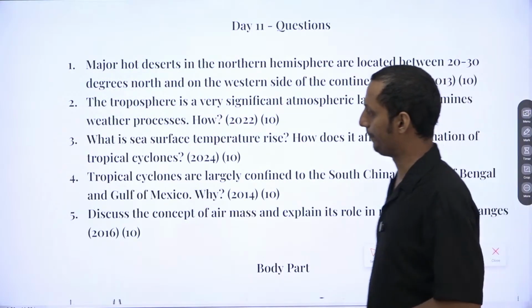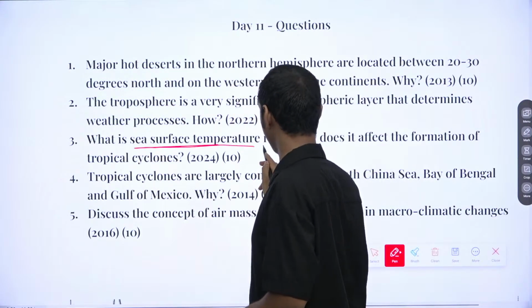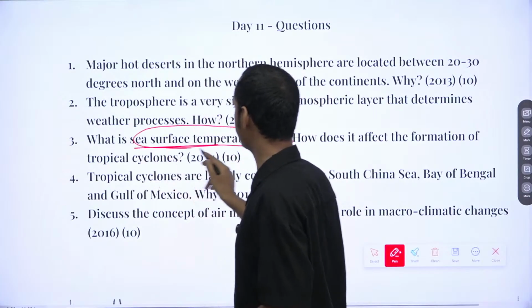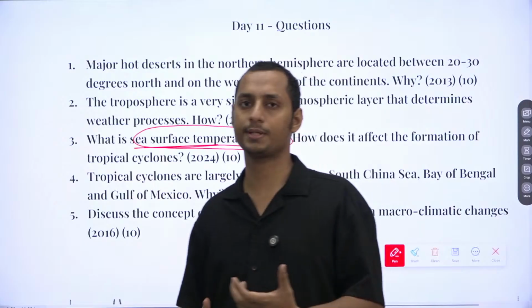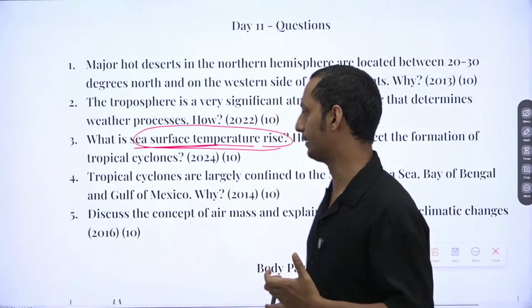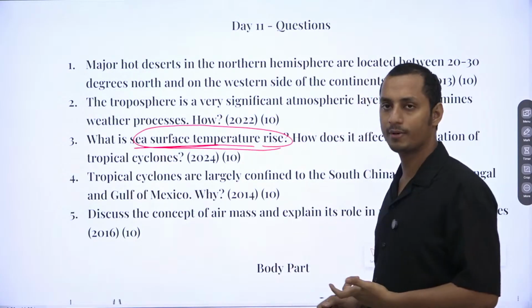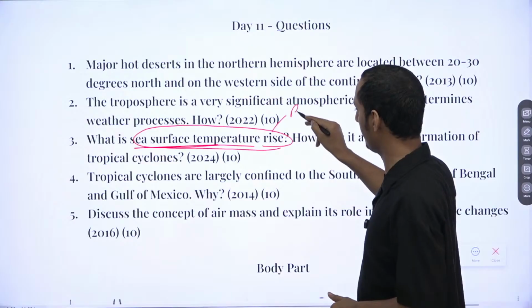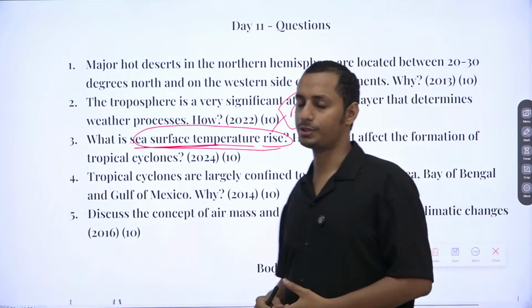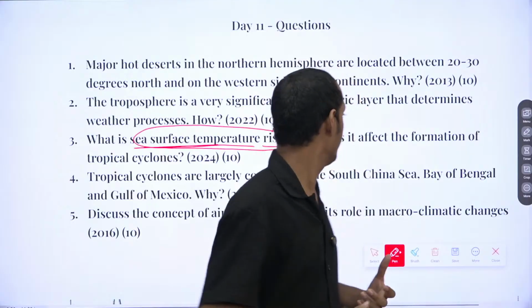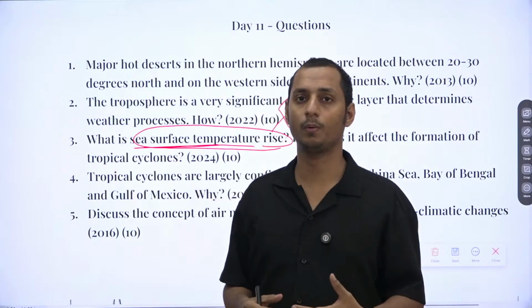Now the third question: what is sea surface temperature rise? So in the introduction, when a definition kind of question is asked, you mention what it is. It's basically the rise of sea temperature. Maybe you can mention any of the government bodies. It's basically related to tropical cyclones.